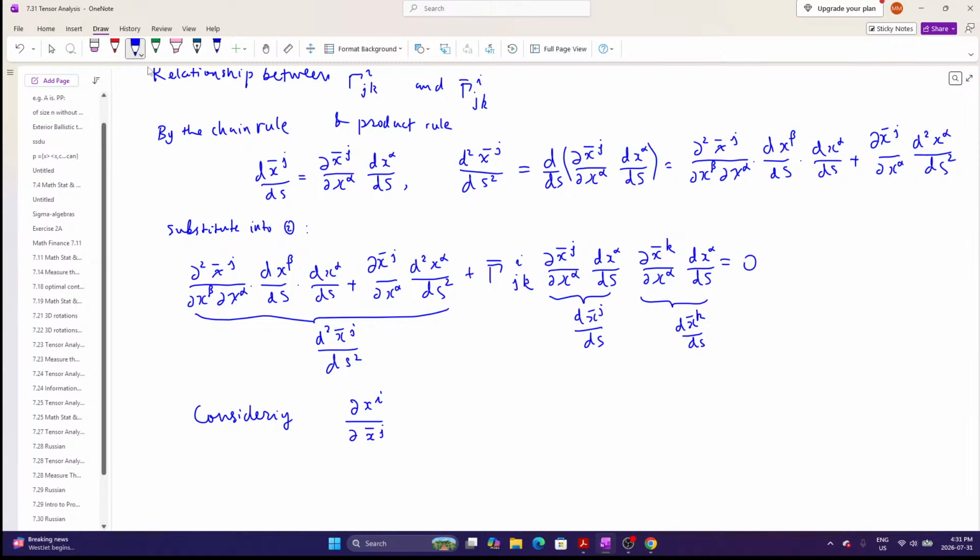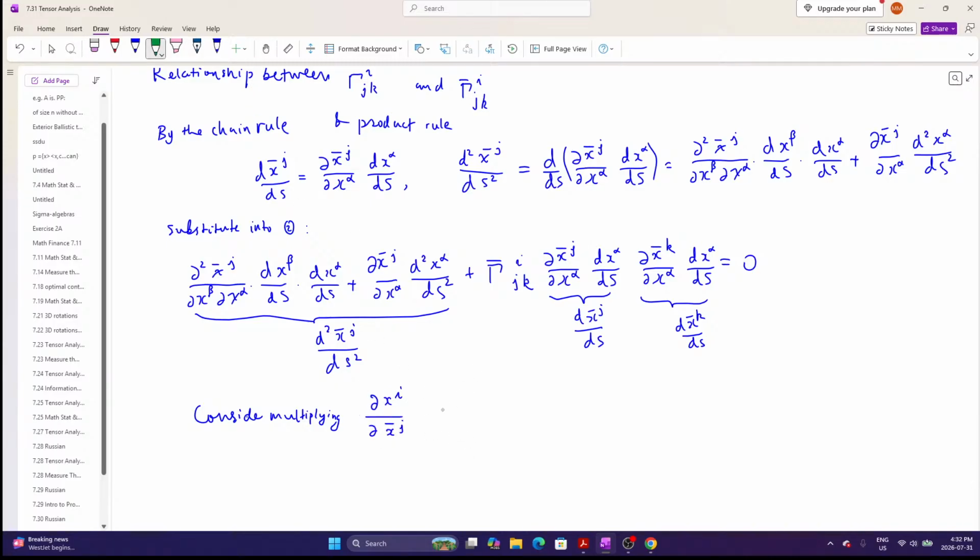Consider multiplying this on both sides. And the advantage of doing that is that it gives us the d squared x^i over ds squared.